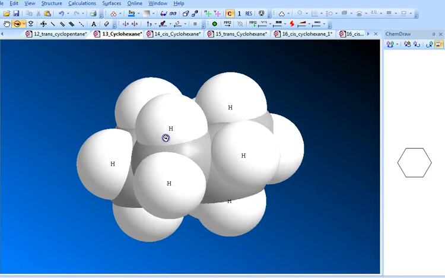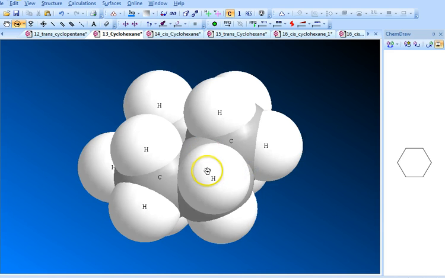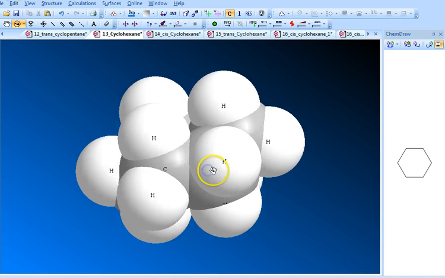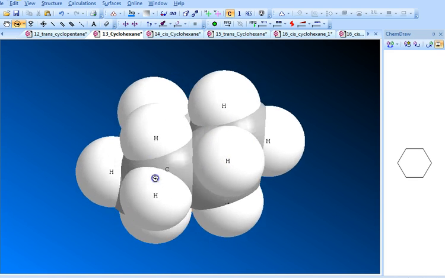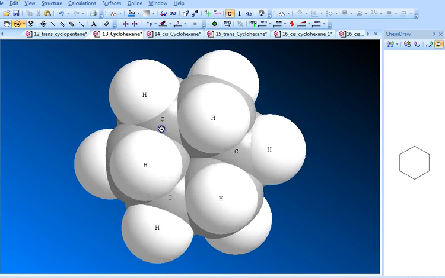But what you need to realize is that this carbon is slightly up, this carbon is slightly down, this carbon is slightly up, this carbon is slightly down, and that is done so that it can get rid of that angle strain and get rid of this eclipsing.